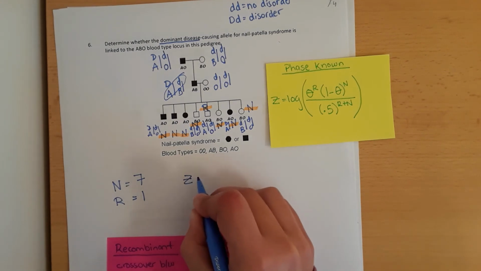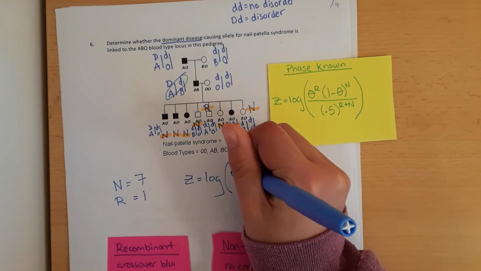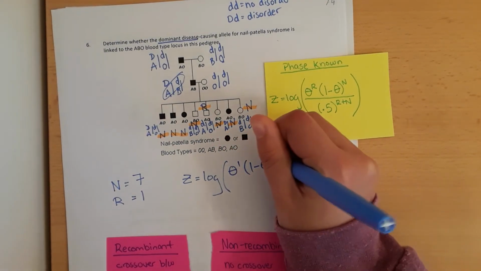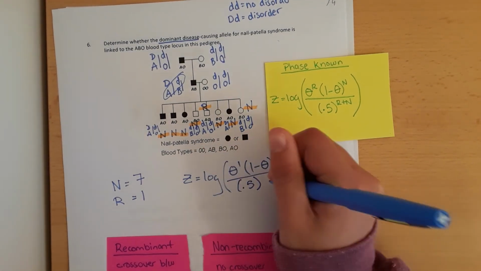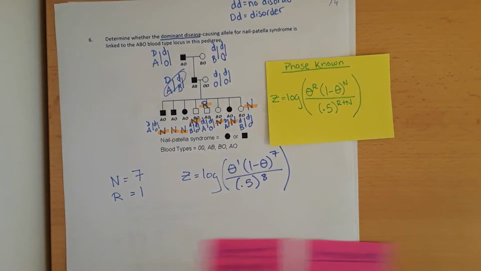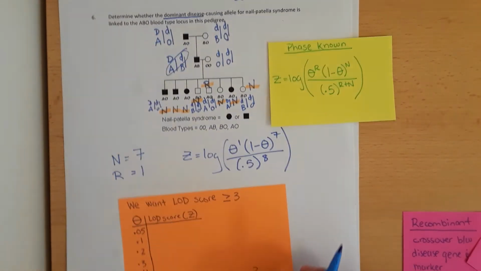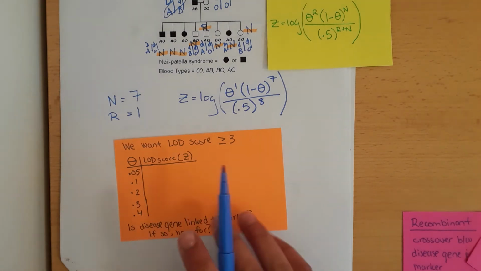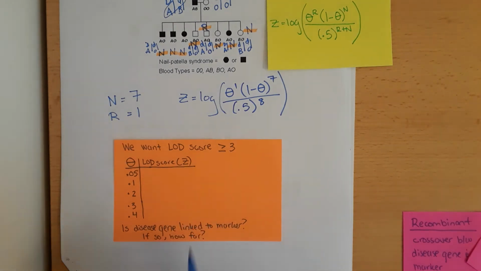And now we can just plug into our equation. Log of theta to the first, 1 minus theta to the 7th, over 0.5 to the 8th, our total, 7 plus 1 being 8. And now we're just doing the same thing as before, where we plug in these values of theta, and we want to see if our LOD score is greater than or equal to 3.